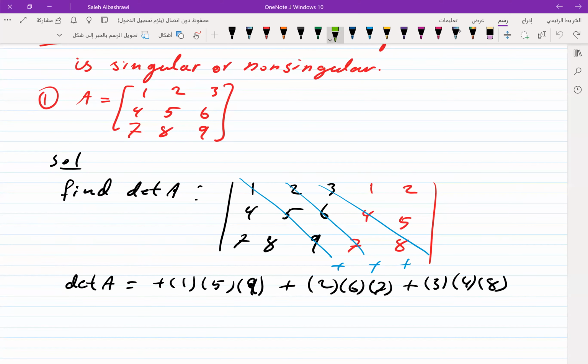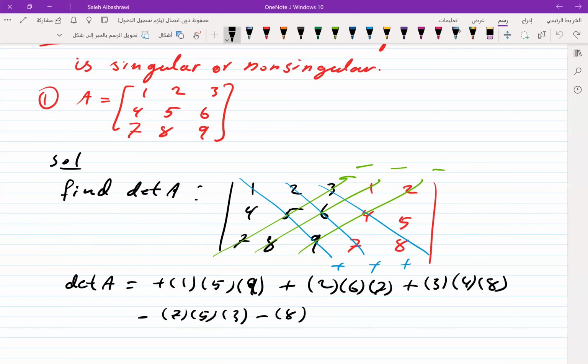Now down to up with negative sign. Minus 7 multiplied by 5 by 3. Minus 8 times 6 times 1. Minus 9 multiplied by 4 by 2.